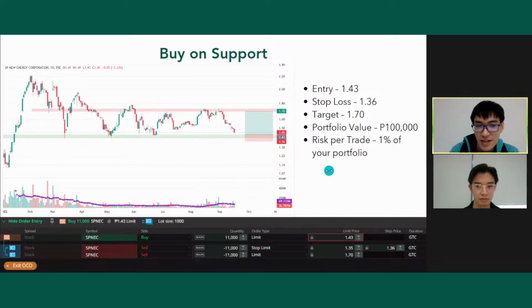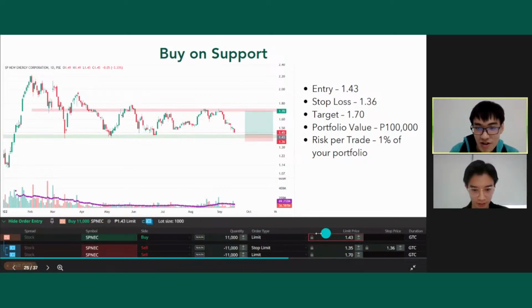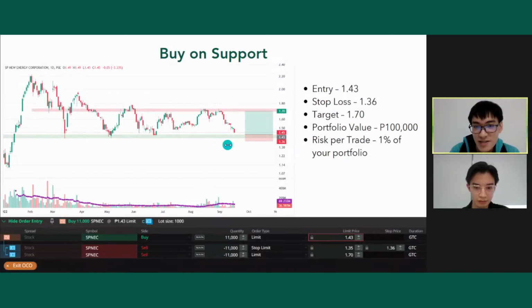So, here's an example. Back to the SPNEC example, diba? The trade idea is a buy on support. So, you buy here at 1.43, stop loss at 1.36, target mo 1.70. Since price is not yet at your level, it's not yet at 1.43, your buy dapat is a buy limit order at 1.43. That's a limit order. Then, what's your stop loss? Your stop loss will be a sell stop limit order, kasi wala pa dito.